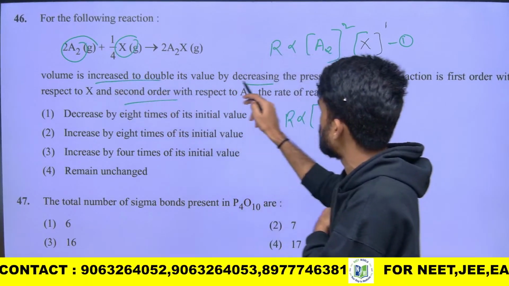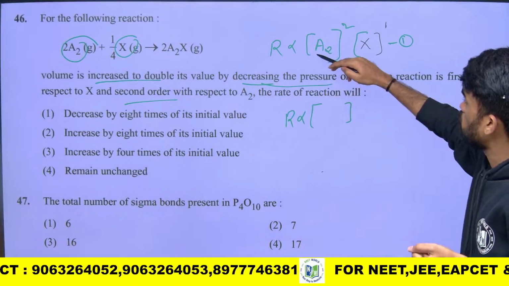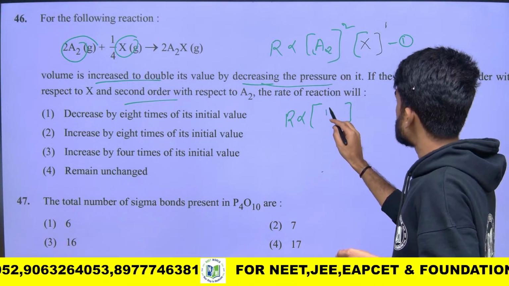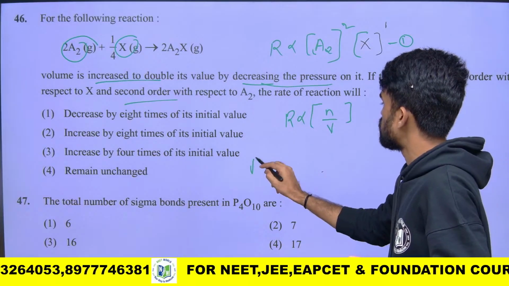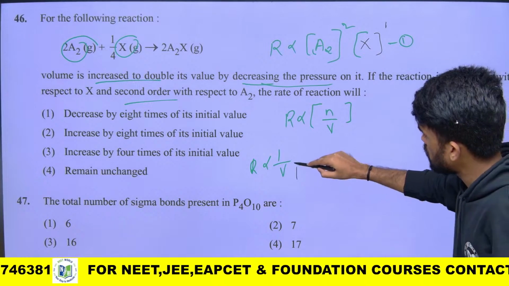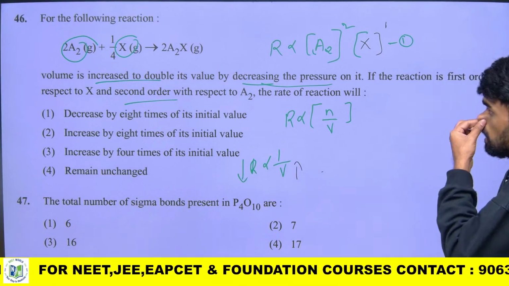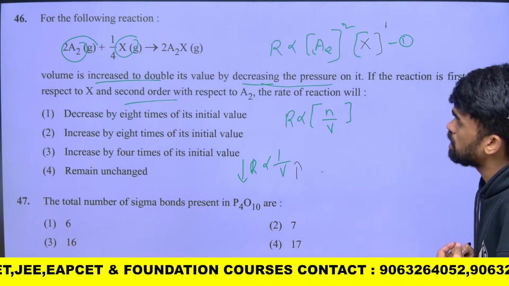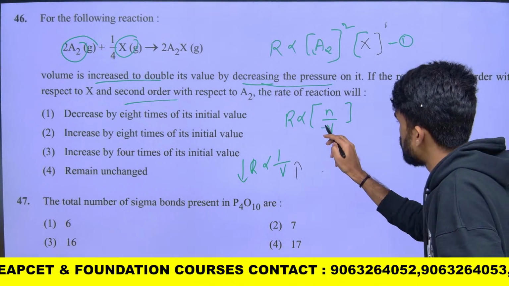Volume is increased by decreasing the pressure. So if volume is increasing, concentration is nothing but number of moles by volume. So now volume is inversely proportional to rate, right? If volume increases, rate decreases, right? So volume is doubled. So it is becoming 2V.